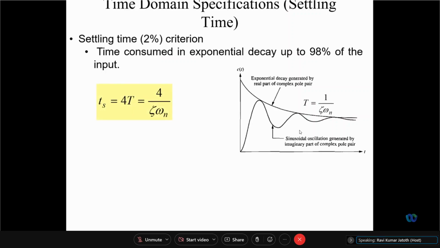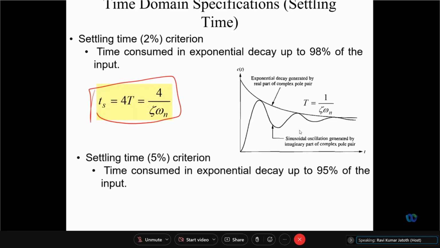Going through the derivation, 98% gives 4 by zeta omega n. So settling time is 4 by zeta omega n, and for 5% it is 3 by zeta omega n.